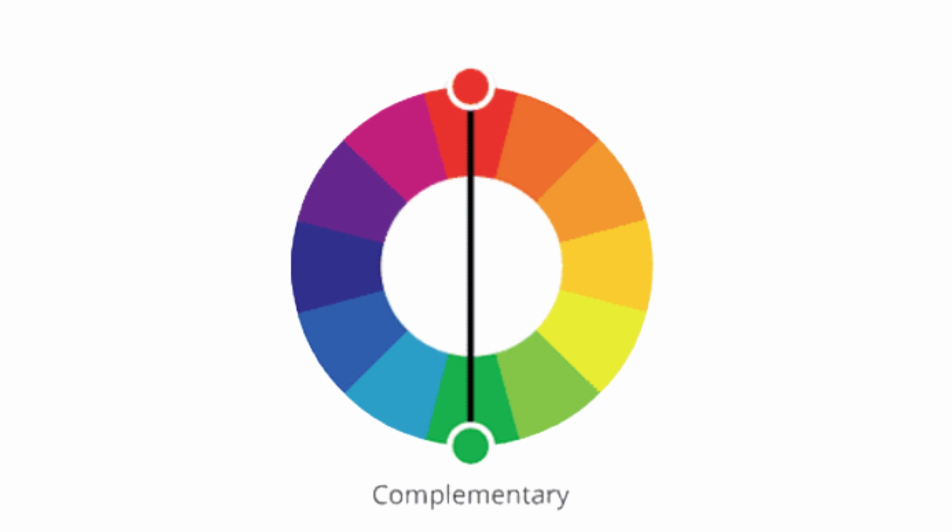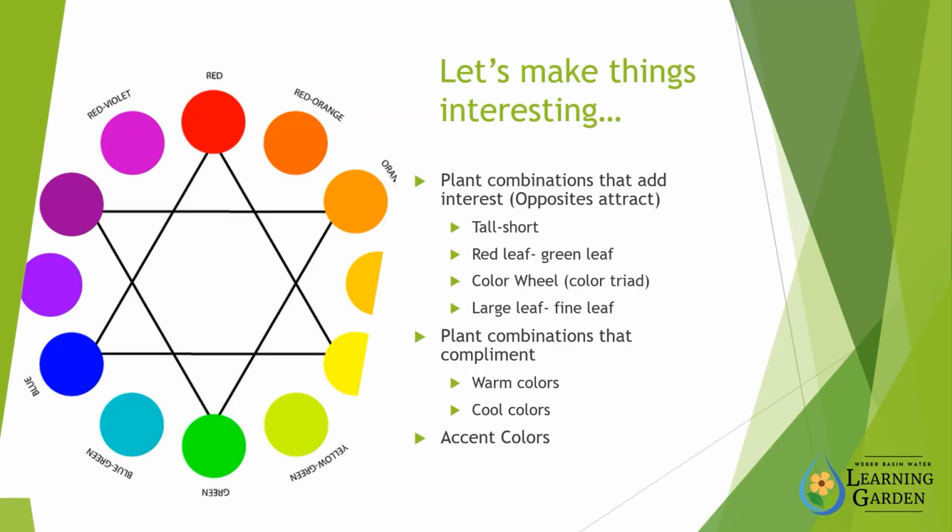They're all complementary colors, and complementary colors can be used to really contrast the color of those plants and bring some attention to one color or the other. So something that you can use in that contrast, you can use tall plants versus short plants. You can use red leaves versus green leaves.